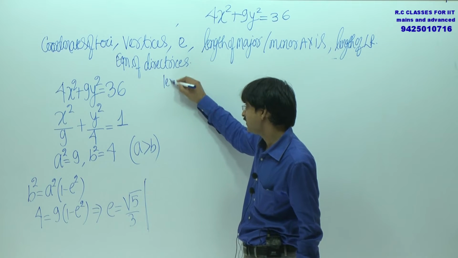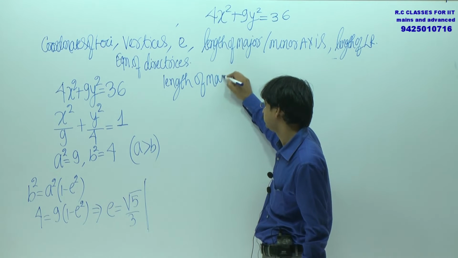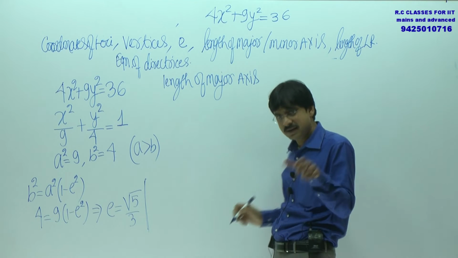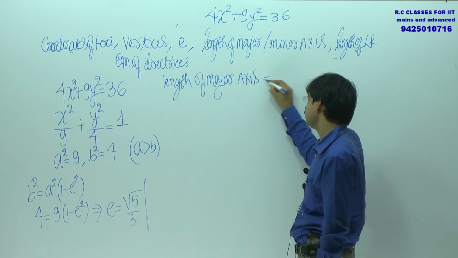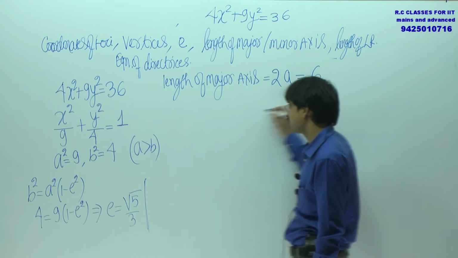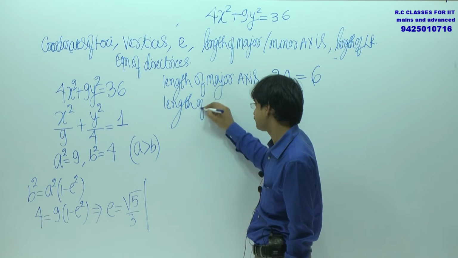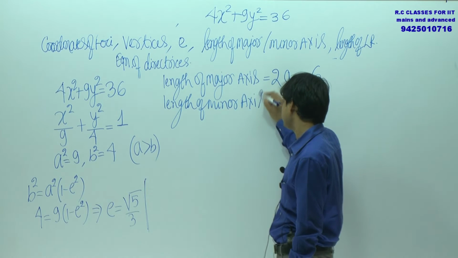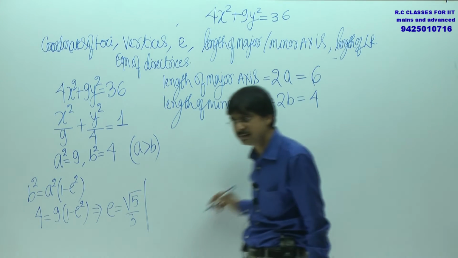Length of major axis. Major axis is x axis and length of major axis की अगर बात करूँगा that's going to be 2a, that is 6, perfect. Length of minor axis, which is going to be equals to 2b, that will be equals to 4, minor axis की length.